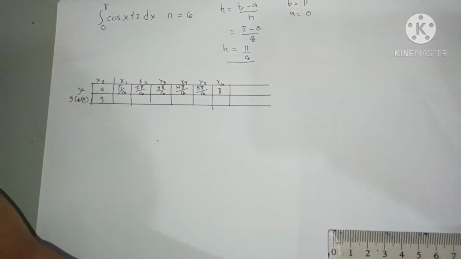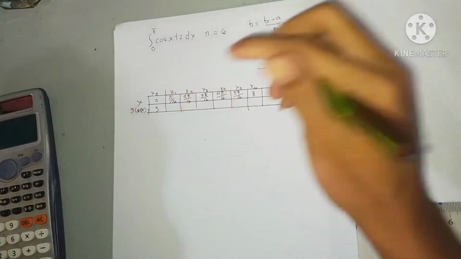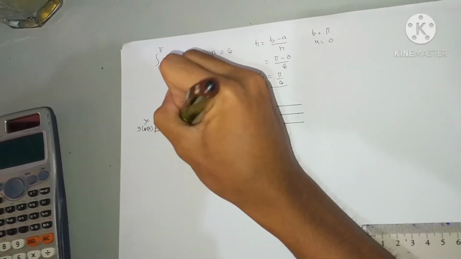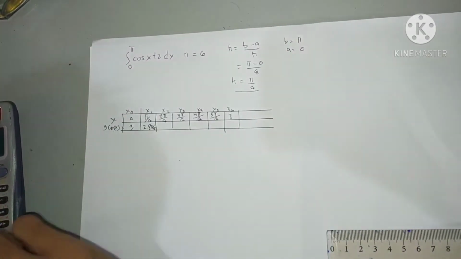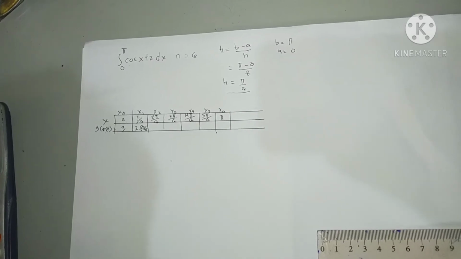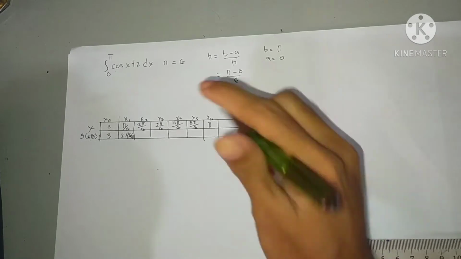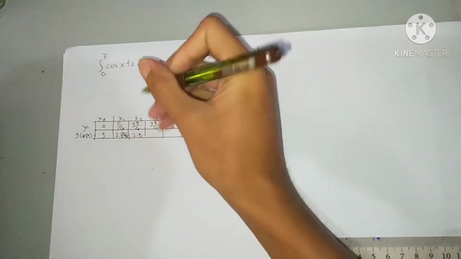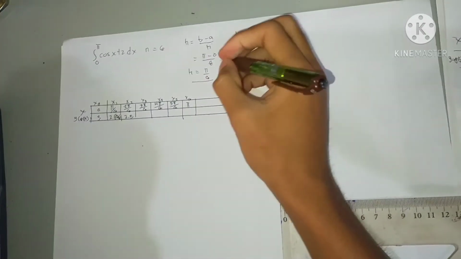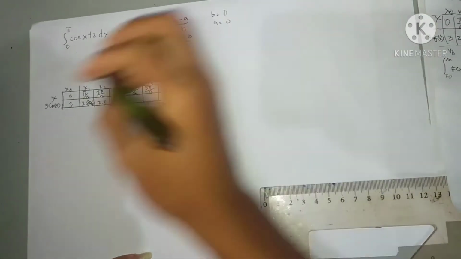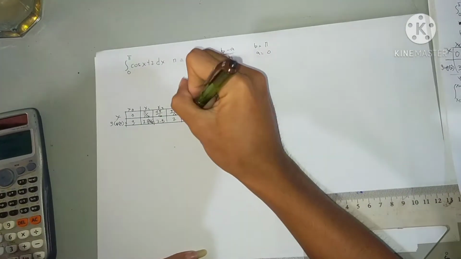Then cosine pi over 6, we have 2.866, and 2 pi over 6, cosine plus 2, we have 2.5. Then pi over 2, we have 2. Then next, 2 pi over 3, we have 1.5.